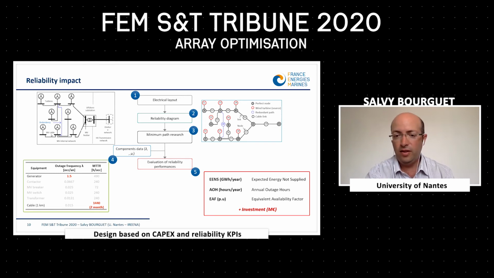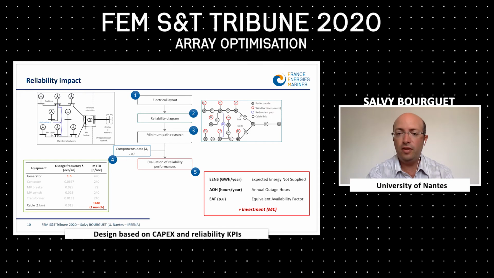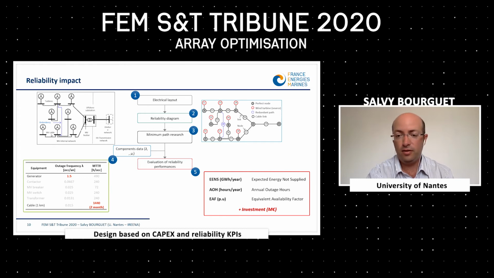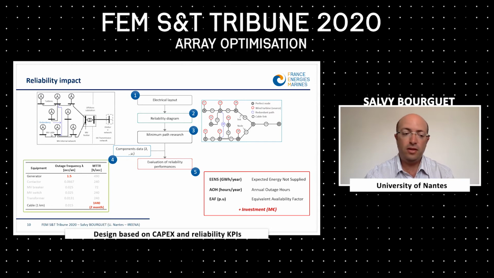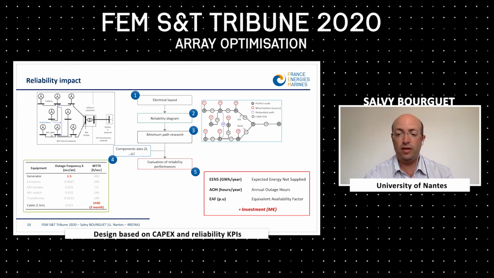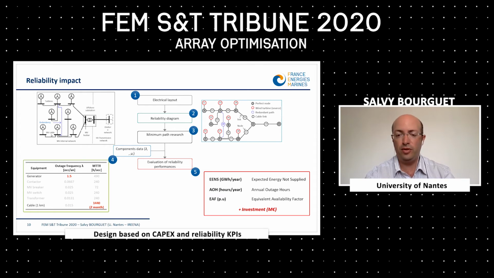For instance, ENS is the expected energy not supplied, which considers how much energy you won't supply due to outages in your architecture. The second one, the annual outage hours, corresponds to a number of hours within outage for your site, as it is normalized by the total hours of production per year.